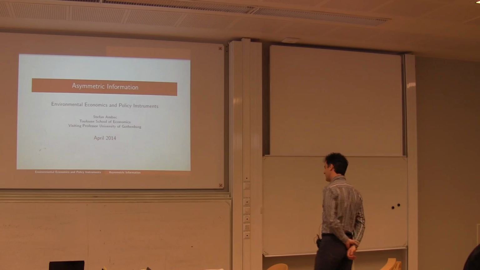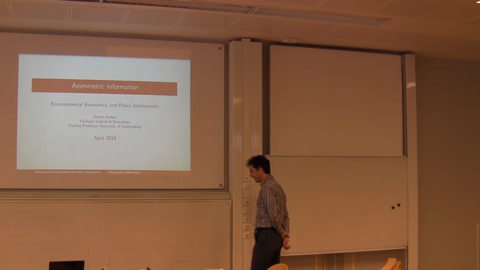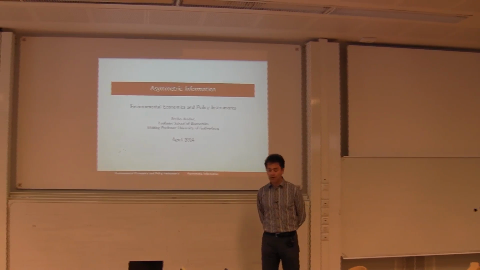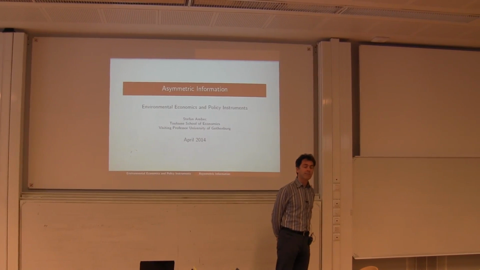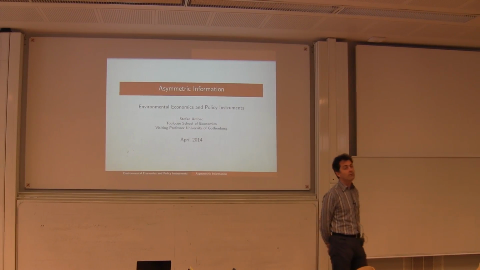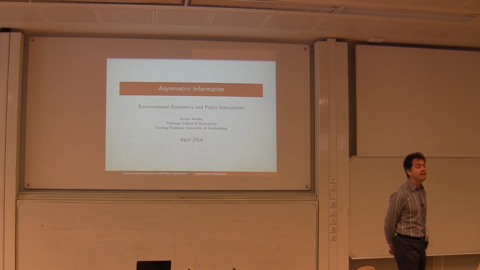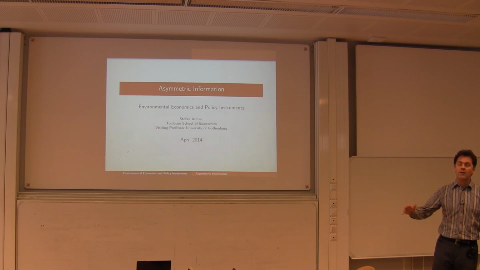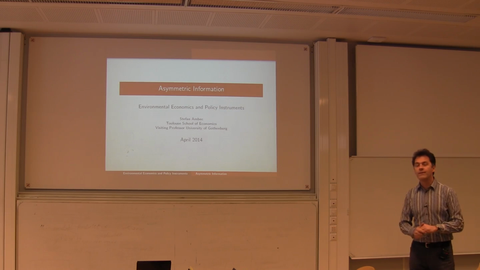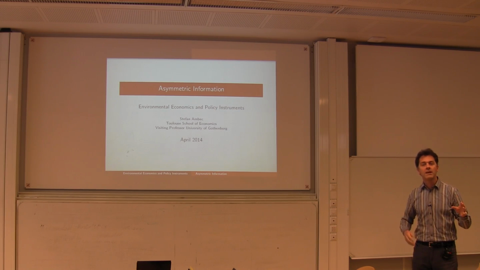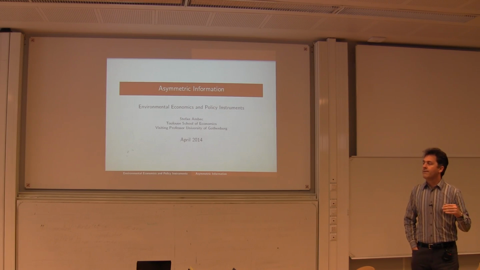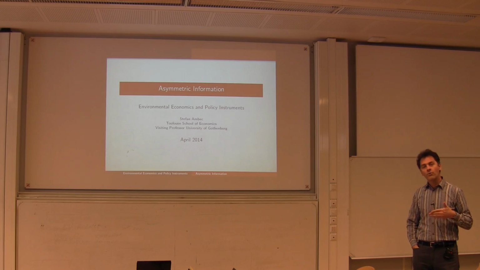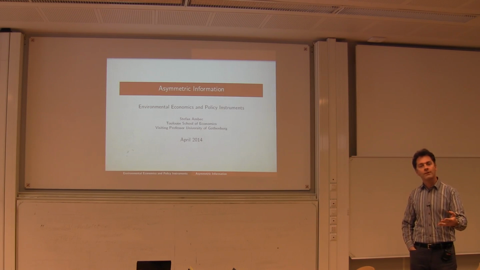non-point source pollution. That is, more generally, how to include spatial issues in the choice of environmental policy. The fact that the pollution diffuses spatially, and there is a distance between the source of pollution and the receptor of pollution.